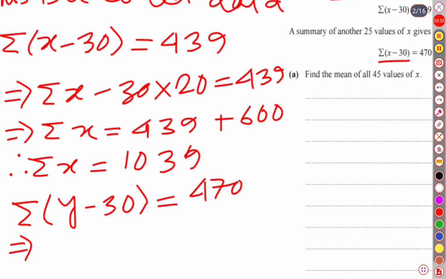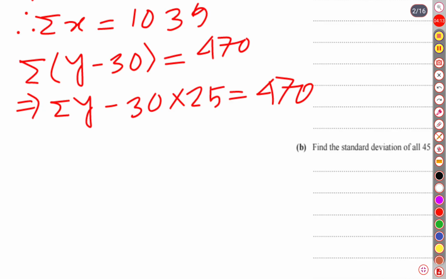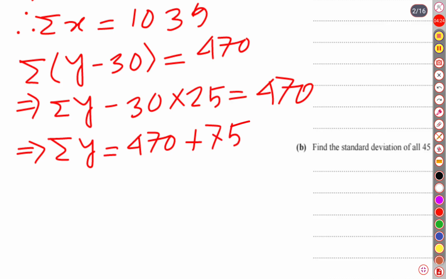That means sum of y minus 30 into 25 values is equal to 470. Hence sum of y is 470 plus 750, so sum of y is 1220.